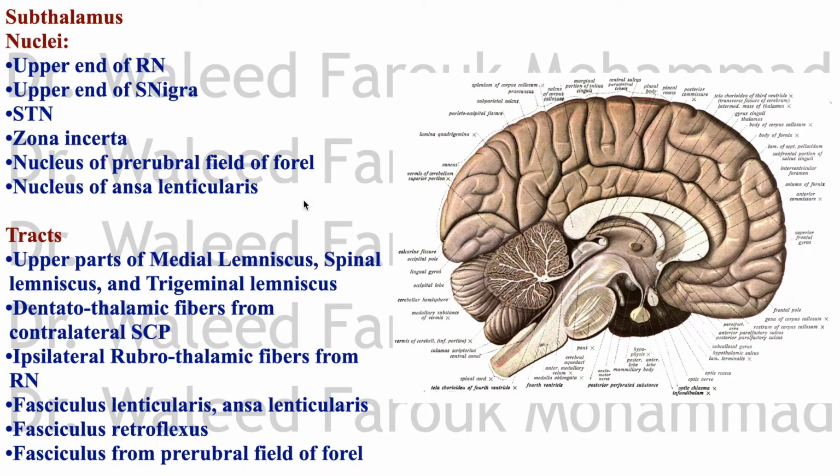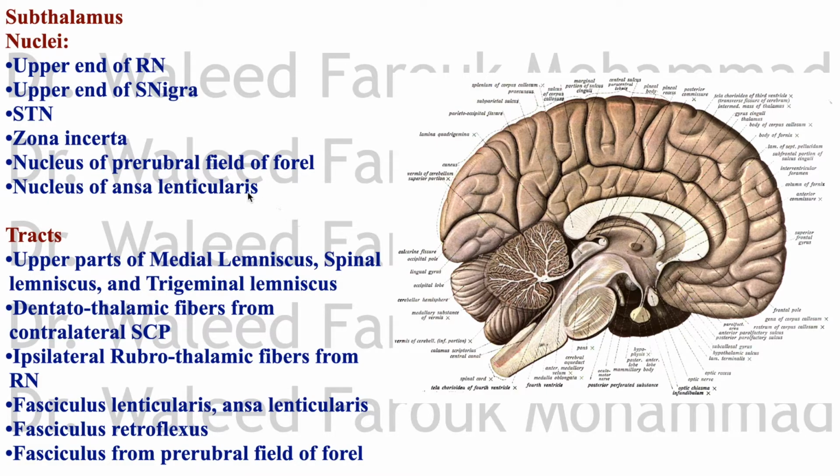The subthalamus, we'll study this later, but now it's a hint about the subthalamus. The nuclei are the upper end of the red nucleus, the upper end of the substantia nigra, the subthalamic nucleus, the zona incerta nuclei, and the nucleus of the prerubral field of Forel.